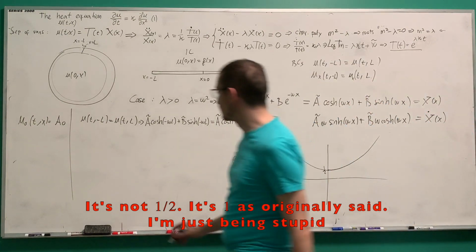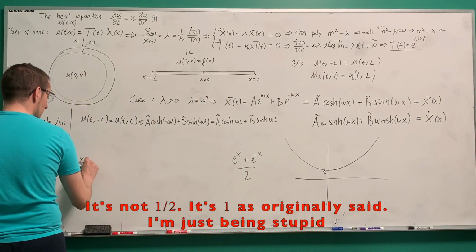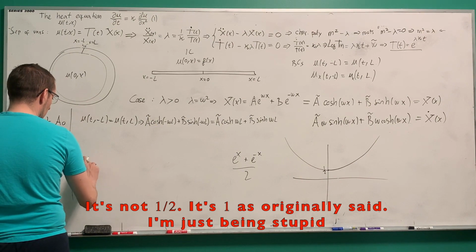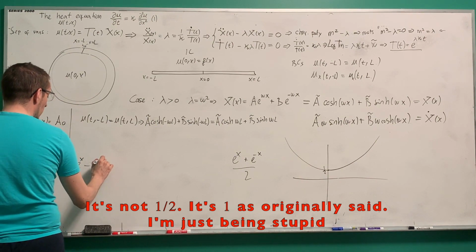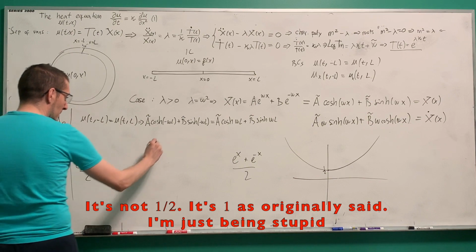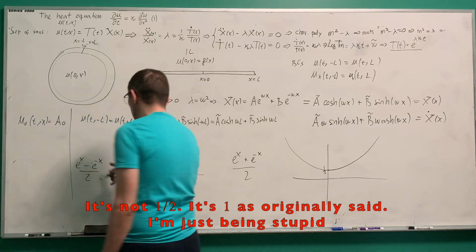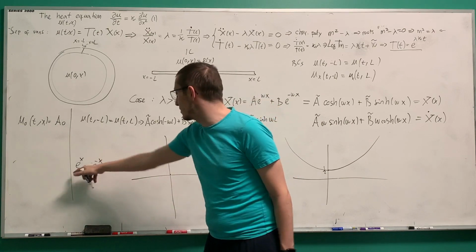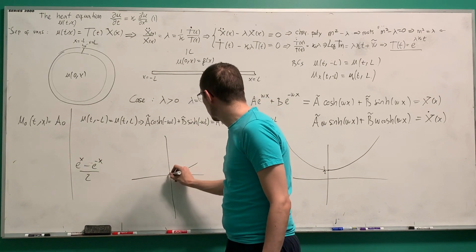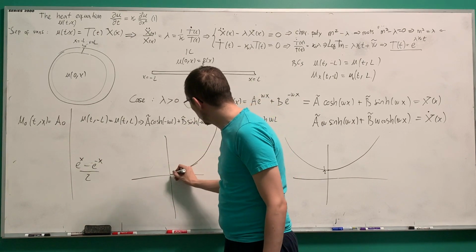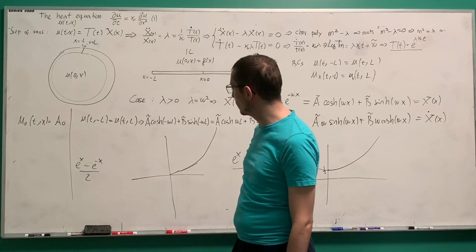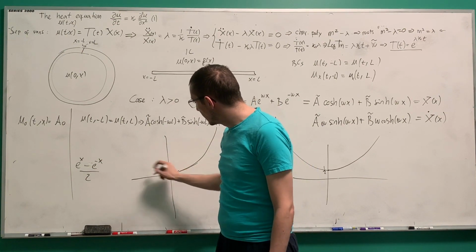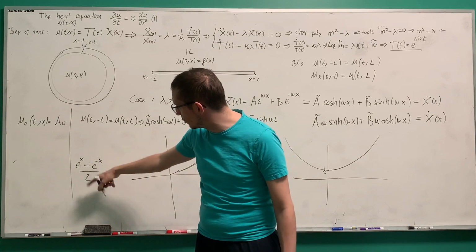Now the sinh, let's write it here. The sinh has a minus in here. We plotted it before, so the sinh at x equals 0 is 0, and for positive x, this dominates, grows exponentially. On the other side, this one dominates and grows exponentially to the negatives.